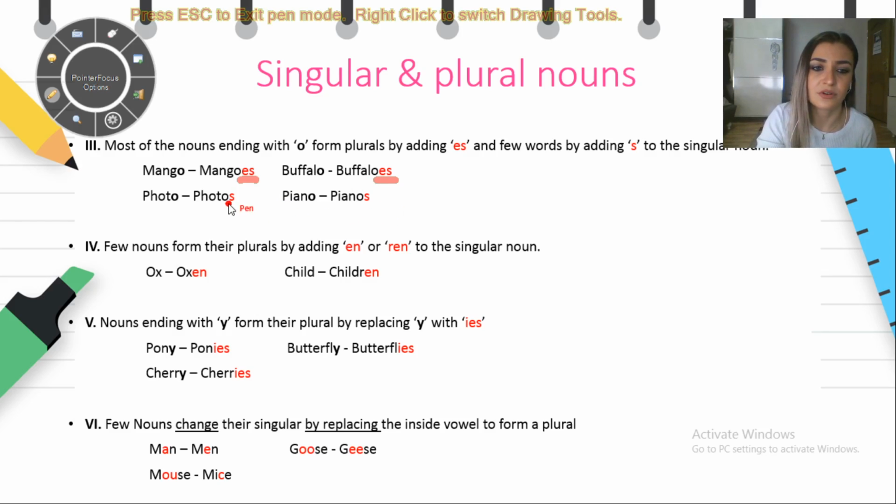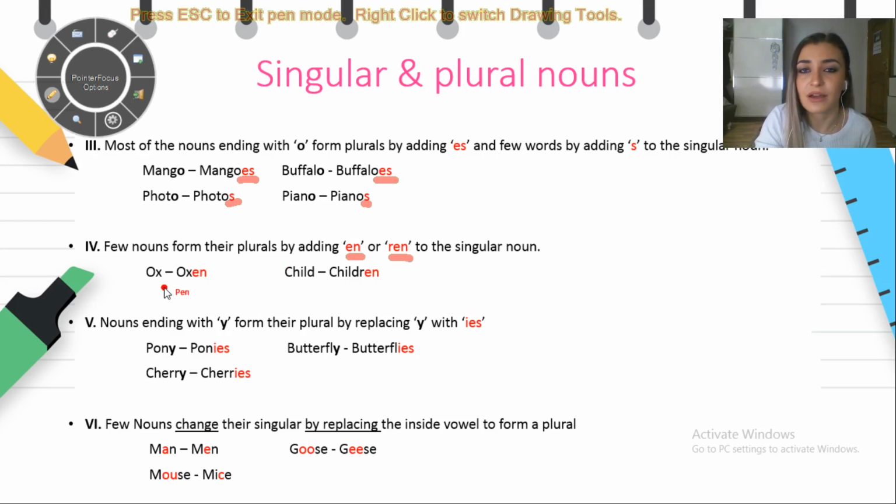You see, these words take just the letter S at the end, so they do not take ES, such as mangoes and buffaloes, but just take S in order to form the plural form of the noun. Okay, a few nouns form the plural by adding EN or REN to the singular noun.